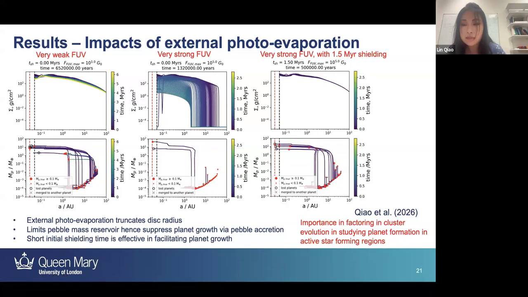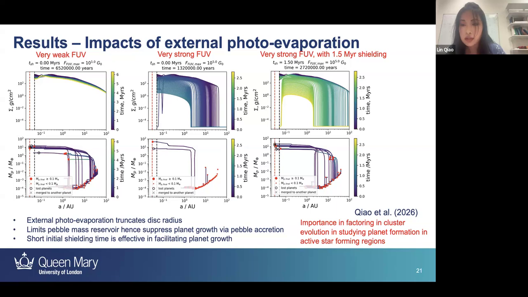We can see that if the disk is shielded for some time first, then the embryos in this disk can have a head start on accreting pebbles, growing and migrating before the rapid disk truncation by external photoevaporation after the cloud shielding time.